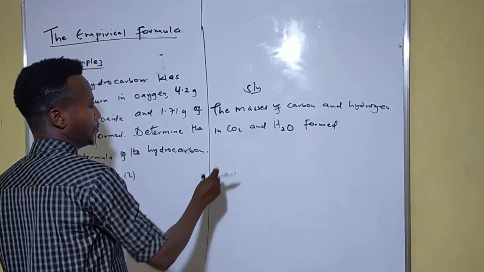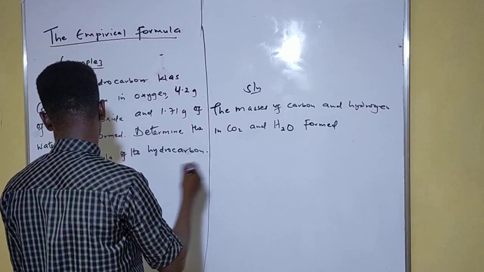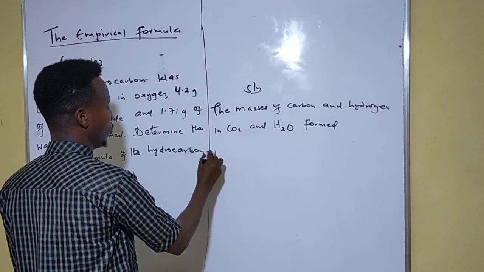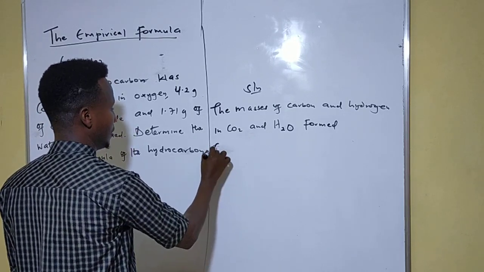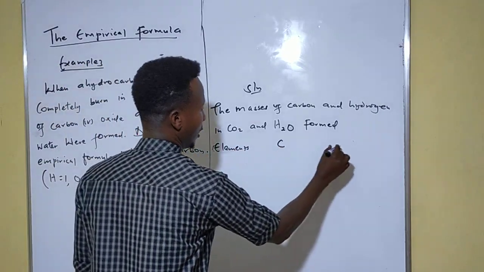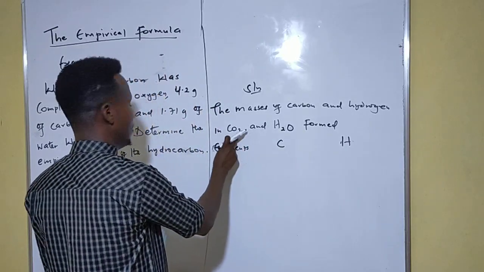Remember we said we want to get carbon. Remember the mass we have is, carbon is atomic number 12. So let's say these are the elements. We have carbon and hydrogen.